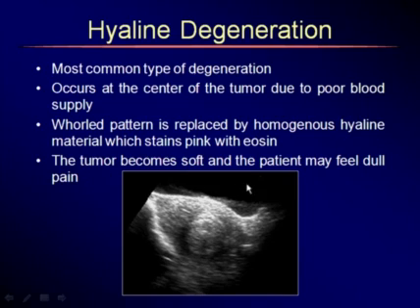They stain that pink on their slides in pathology. And the tumor just becomes kind of soft, and the patient can experience a dull pain. So it's not really a sonographic diagnosis, but I am showing you one that is here pathologically proven.